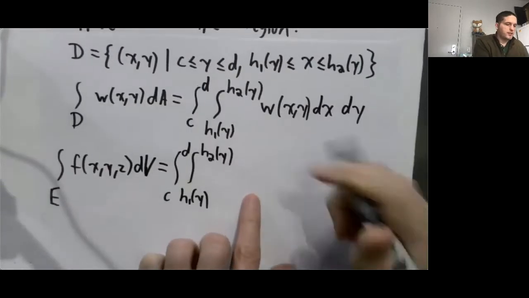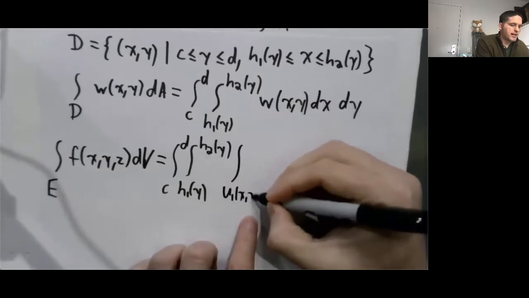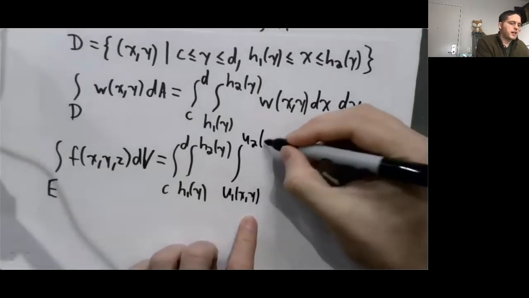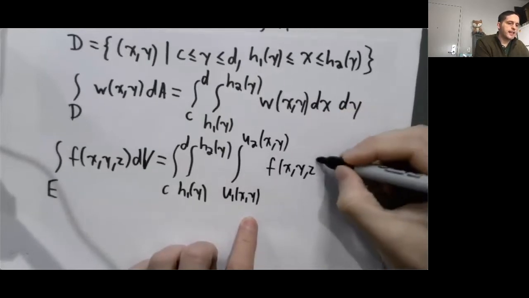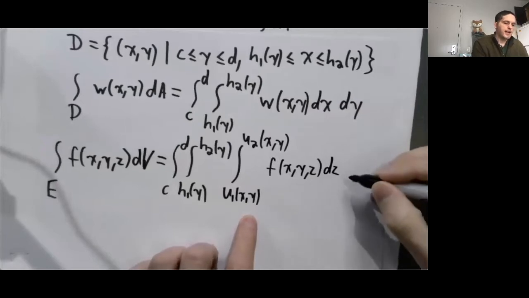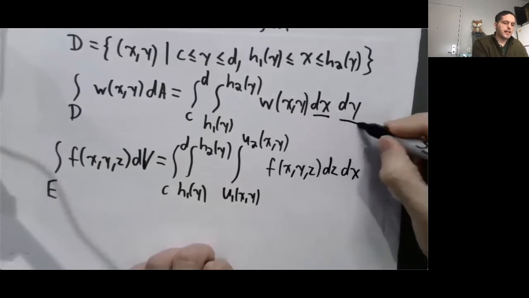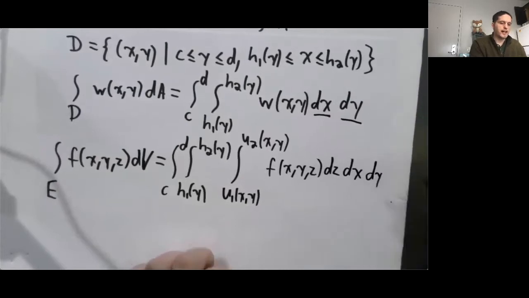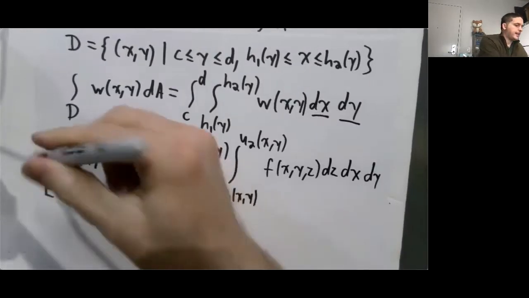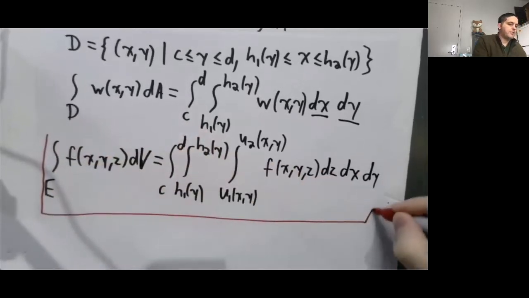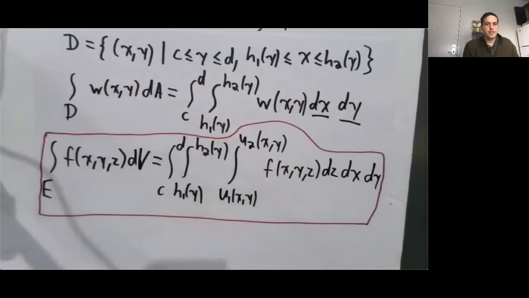So w gets replaced with the integral from u1 of xy to u2 of xy, f of x, y, z, dz, and here we have dx, so I'm going to write dx, and here we have dy, so I'm going to write dy. So this is a different formula that we get in the case where D is a type 2 region. So we have to be careful about those two different cases.